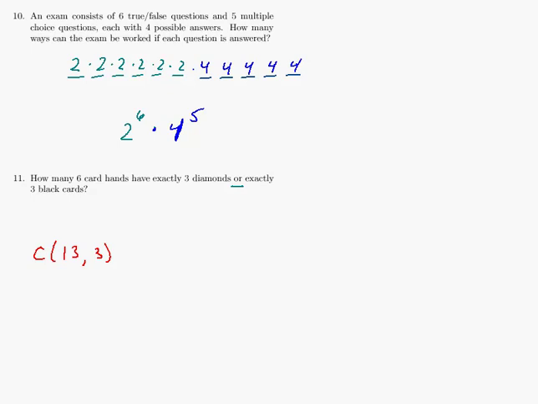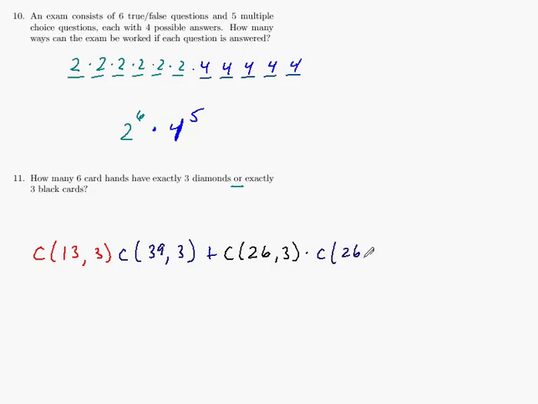And then for the remaining group of cards, so 13 diamonds, that means there's 39 cards that are not diamonds. We need 3 of those, plus exactly 3 black cards. That's the clubs and spades, so combination 26, choose 3, times the things that are not black.